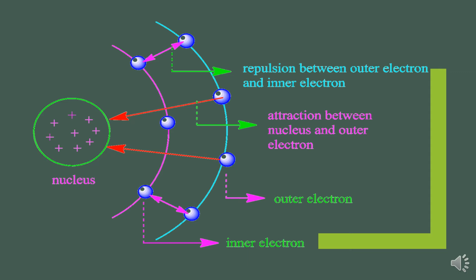As you can see here, in the inner shell, the electrons are repelling the electrons present in the outer shell. So these outer shell electrons will experience a quite decreased force from the nucleus, because the inner electrons don't allow that much force to reach the outer electrons because of interelectronic repulsions.